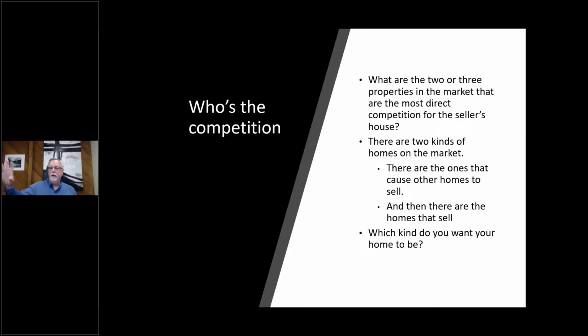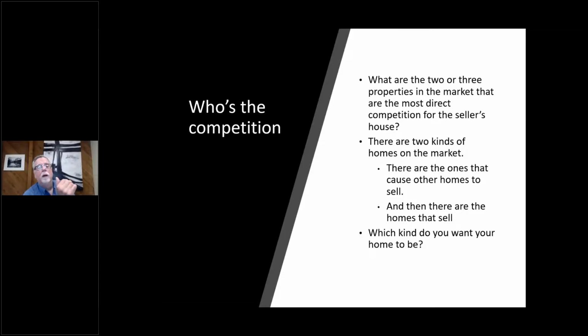And what I mean by that is if we price your property at $450, and you've got other ones that look a lot like yours that are very competitive, and they're at $435 or $440, what they're going to be doing is using your home to sell their homes. They're going to be telling people, well, look how much of a bargain this one is compared to that one, right? So do you want to have the home that sells quickly, or do you want to have the home that helps other people sell quickly?